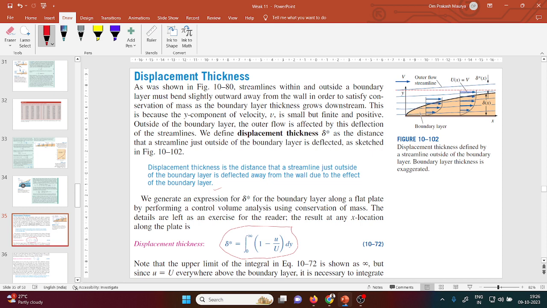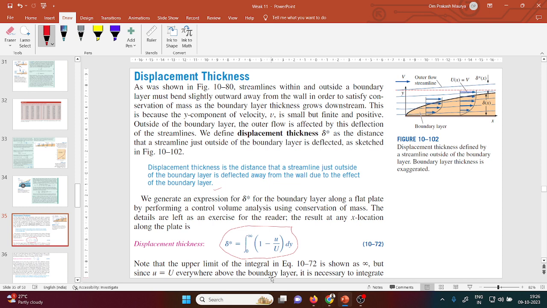The displacement thickness is the distance that a streamline just outside the boundary layer is deflected away from the wall due to the effect of the boundary layer. I think you got the displacement thickness definition, Pradeep and Sarif.